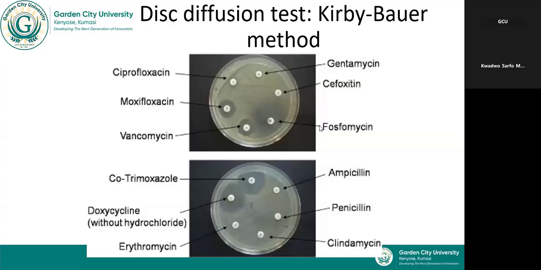So when the clinician sees the results, he or she will look at the ones that are sensitive. So assuming fosfomycin is showing sensitivity, vancomycin, moxifloxacin, cotrimoxazole, and doxycycline. So 1, 2, 3, 4, 5 are giving sensitive outcomes. The clinician may decide to prescribe fosfomycin or vancomycin.